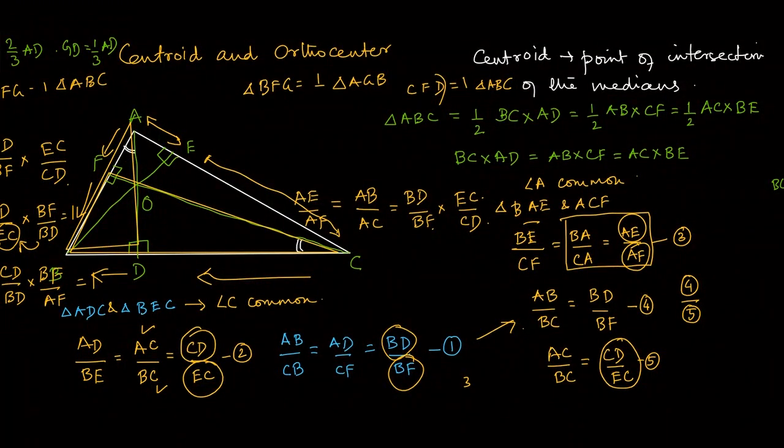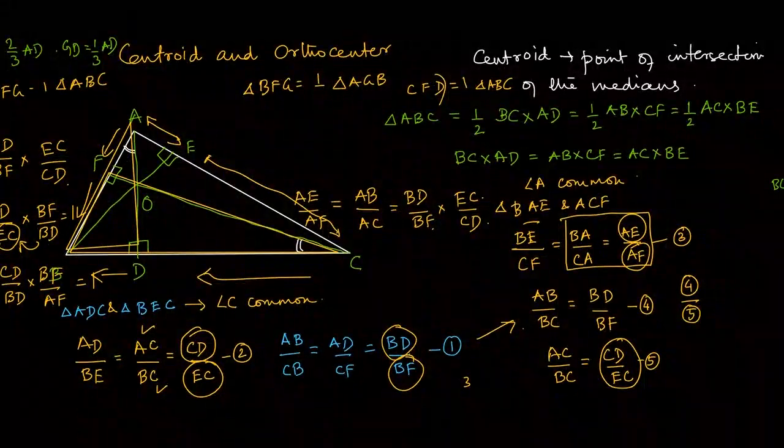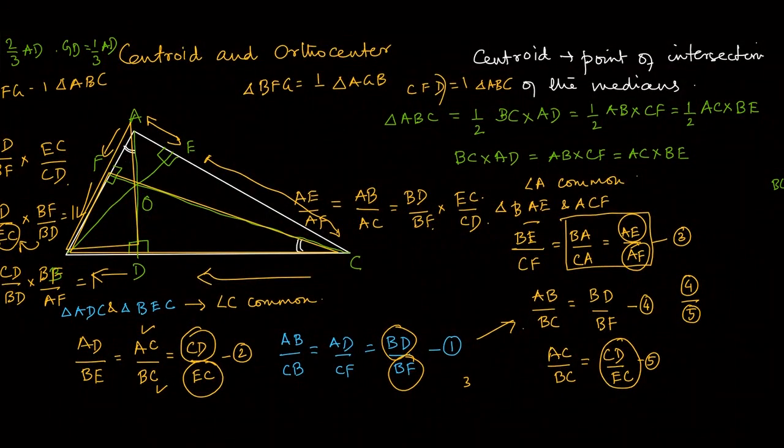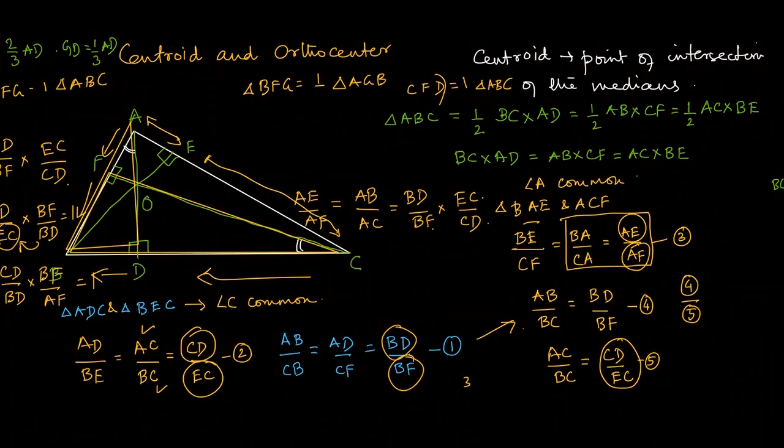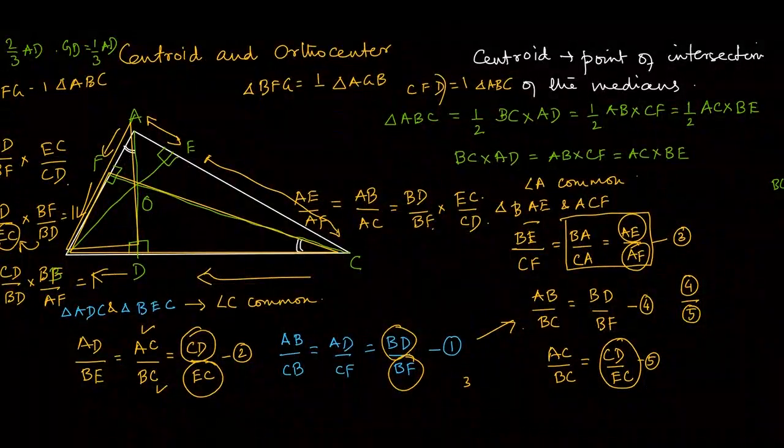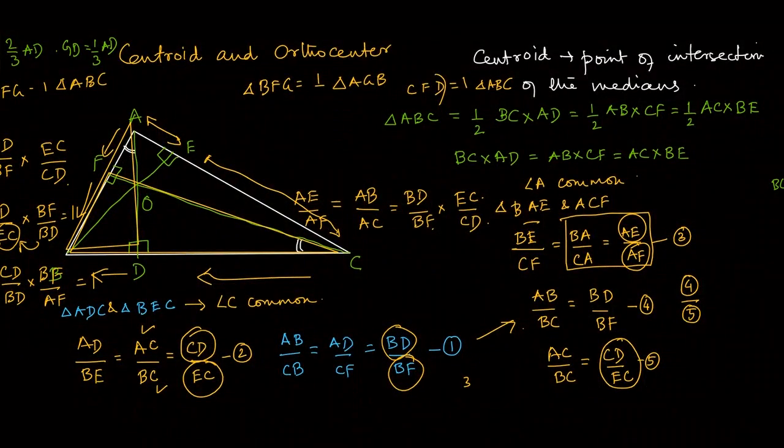So you'll be asked to prove that the product of these ratios is equal to 1. You have to put the values and just show that this is equal to 1.